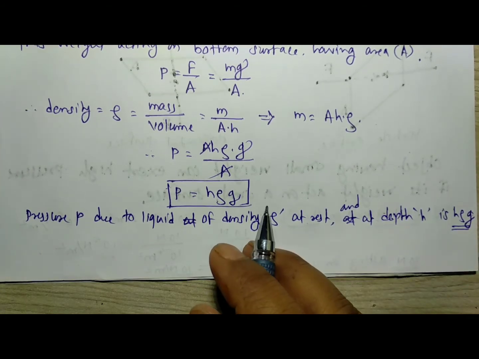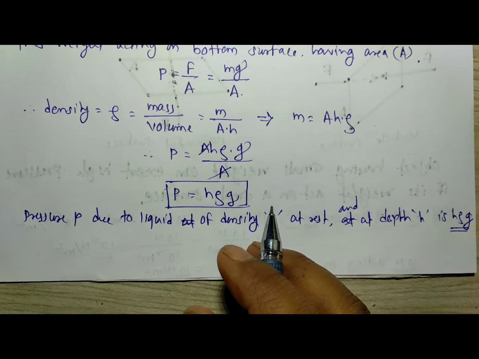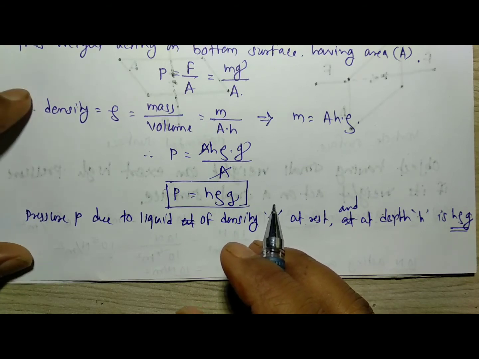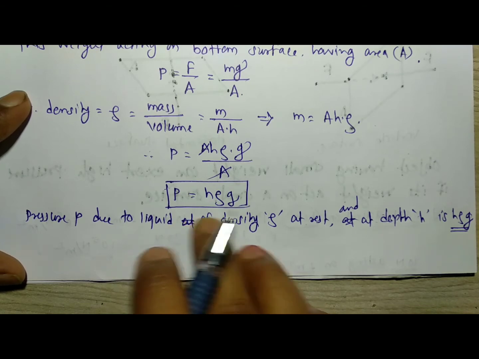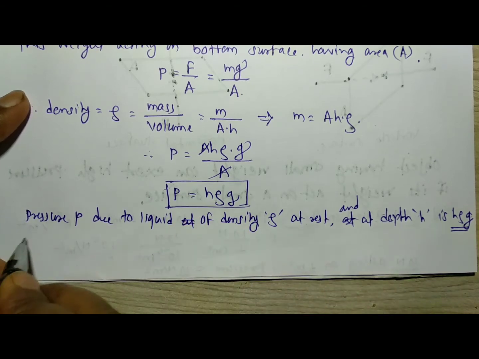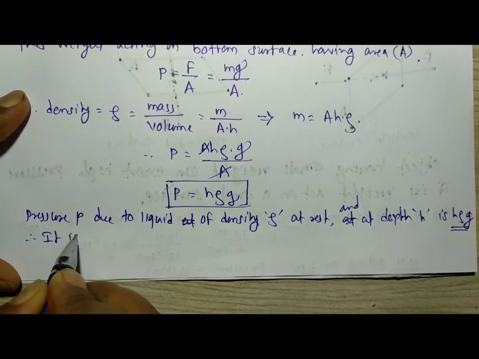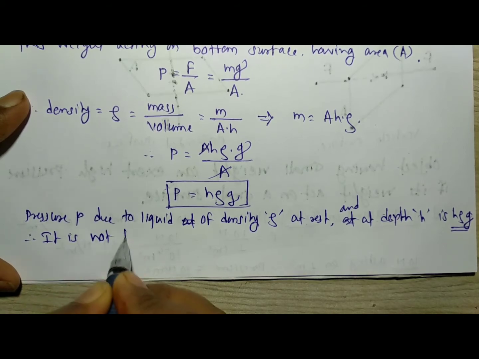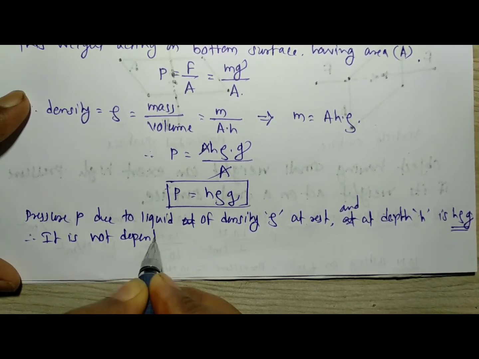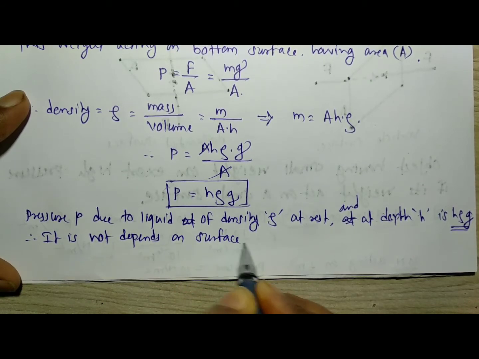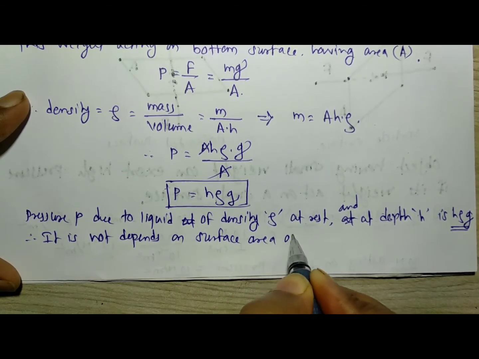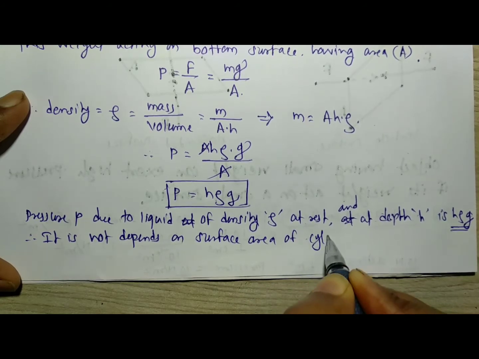Therefore the pressure exerted does not depend on the imaginary cylinder or the area of the imaginary cylinder. That is, it does not depend on the surface area of the cylinder.